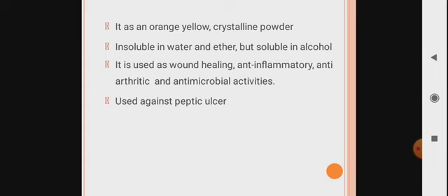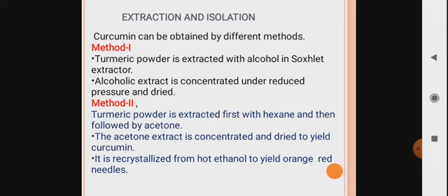It is used in inflammation, as an antiseptic, and against peptic ulcer. Extraction and isolation: curcumin can be obtained by different methods. Method first: turmeric powder is extracted with alcohol in a Soxhlet extractor.